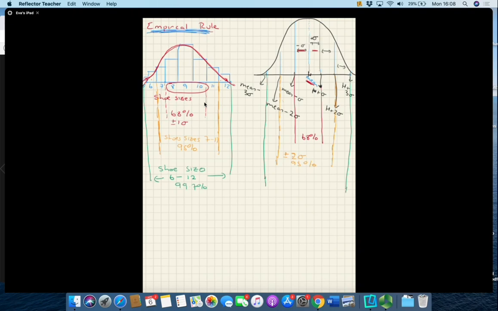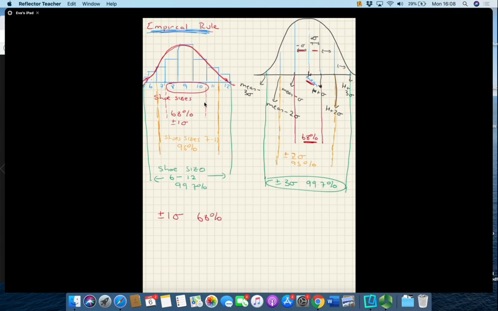And you have to learn them off by heart because you could be asked a question on them. So you have to know plus or minus 1 standard deviation is 68%.